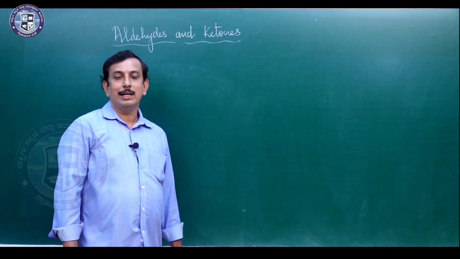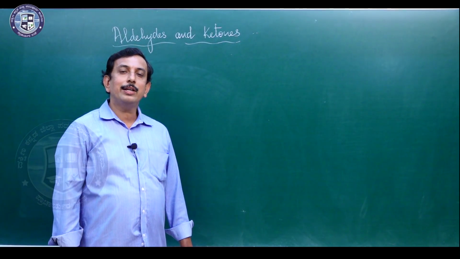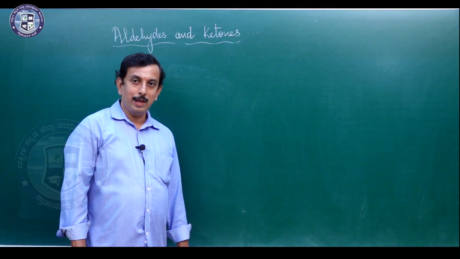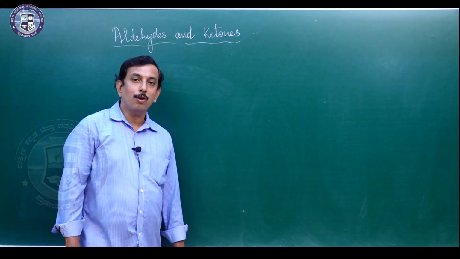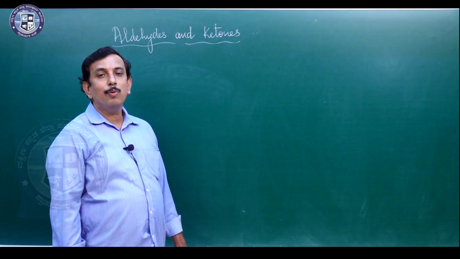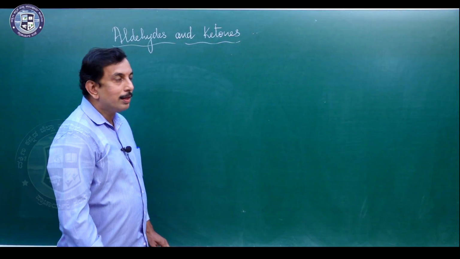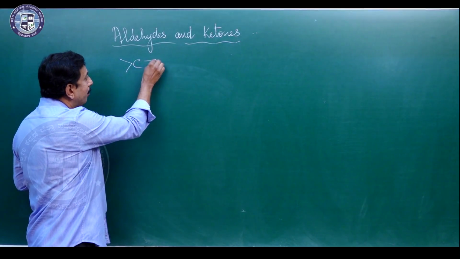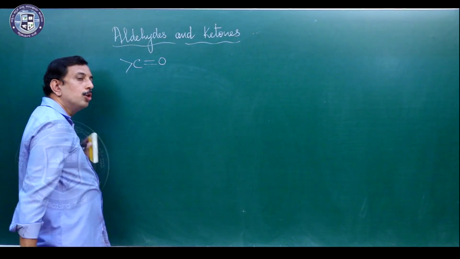The reason is that both these aldehydes and ketones are found to contain a common group. And which is that common group? That common group we call a carbonyl group. So, this carbonyl group has a double bonded carbon oxygen group.